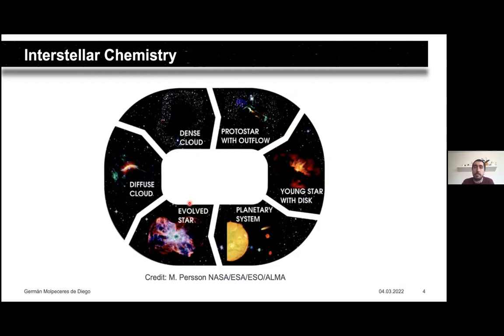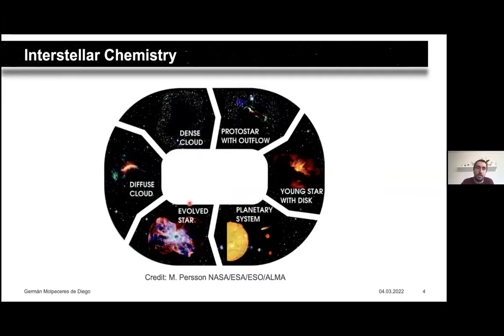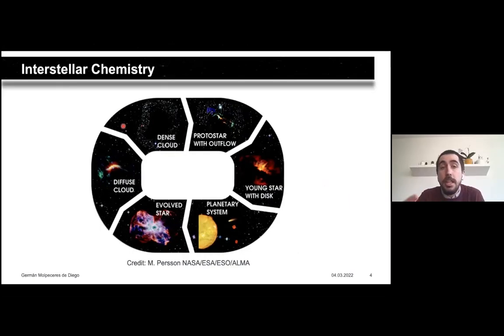But for astrochemists, and particularly for computational astrochemists, the most appealing objects on which we focus our research are clouds. Clouds are regions in which a rich chemistry happens, and in particular, in dense clouds, because of the idiosyncrasy of these regions, a rich organic chemistry happens.